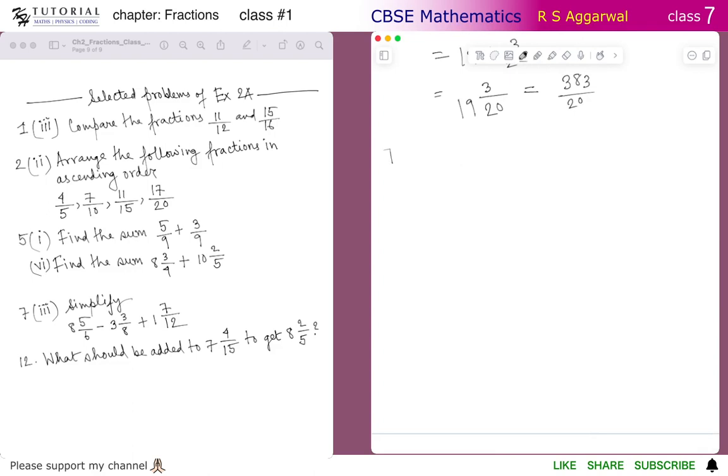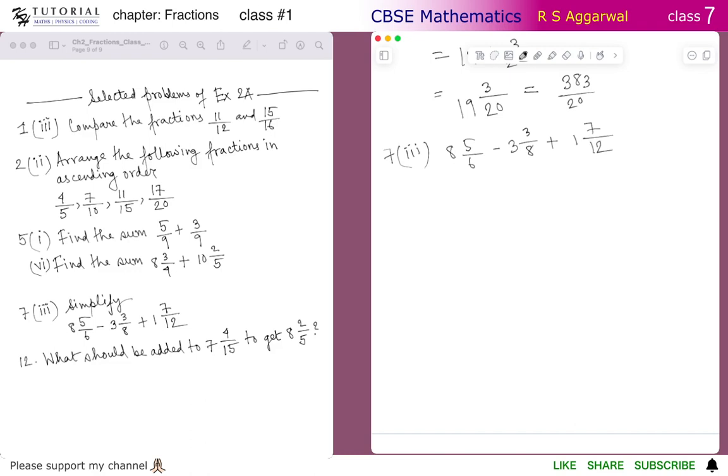7. It asks to simplify 8 and 5 by 6 minus 3 and 3 by 8 plus 1 and 7 by 12.